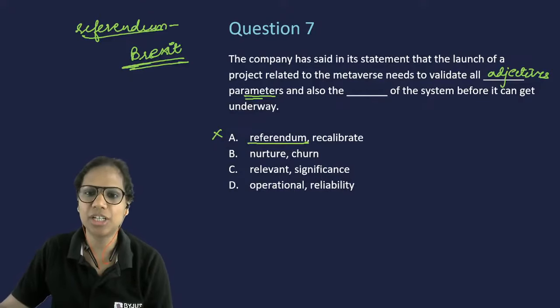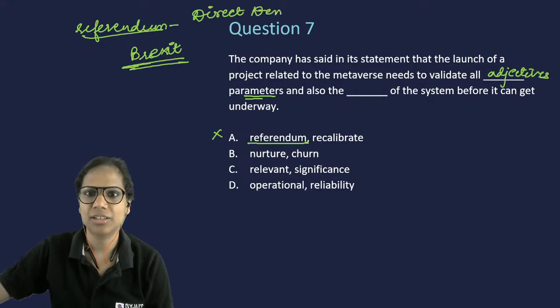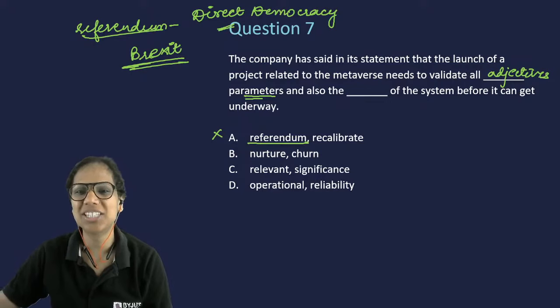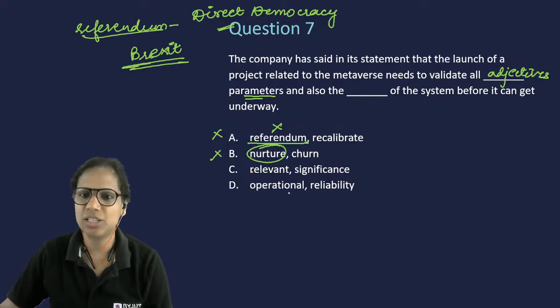Taking a referendum is a form of direct democracy. In case you remember some of your civics lessons from school, you must have studied it there. So this does not make sense in this context. Similarly, nurture parameters does not make sense at all. Relevant, yes, that makes sense. Operational also makes sense.